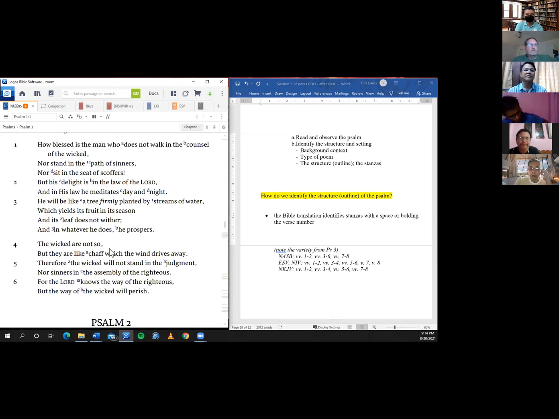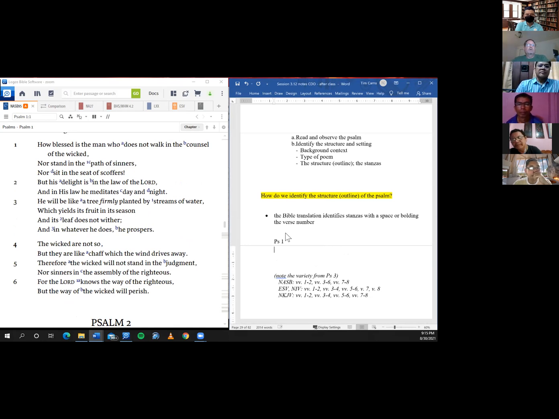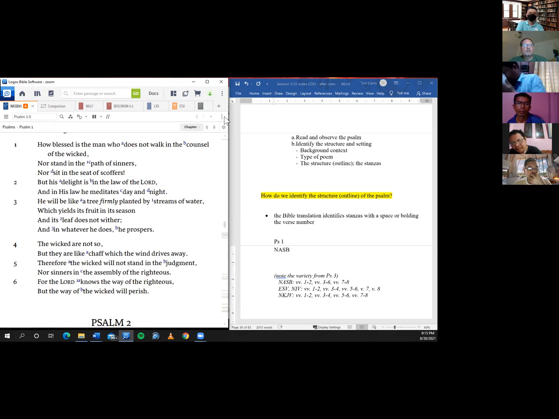The structure is pretty straightforward here. Let's consider what the NASB has. Notice the New American Standard uses two ways to show you the stanzas. The first way is, can you see here that number 1 is in bold font, and verse 4?